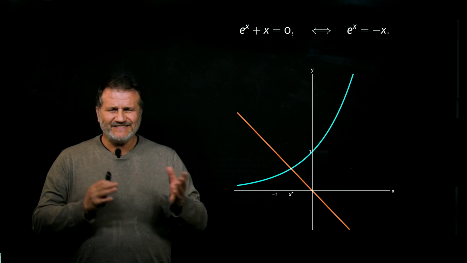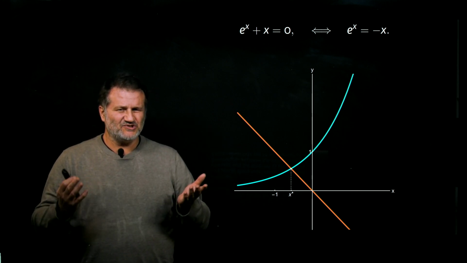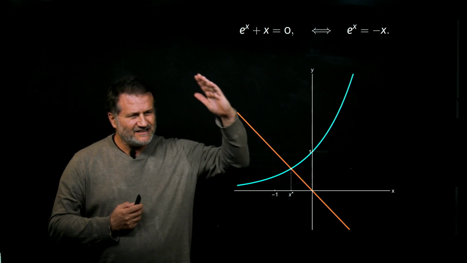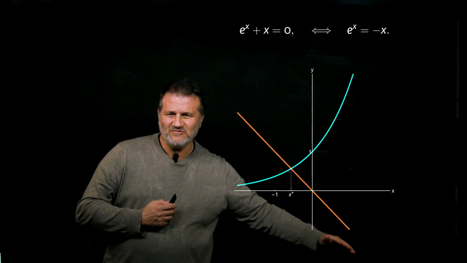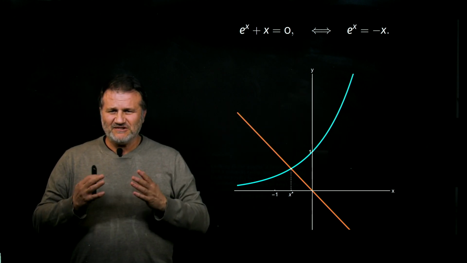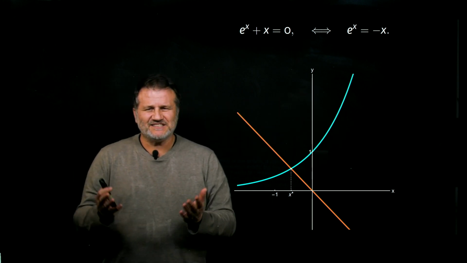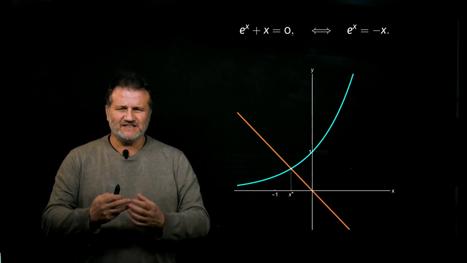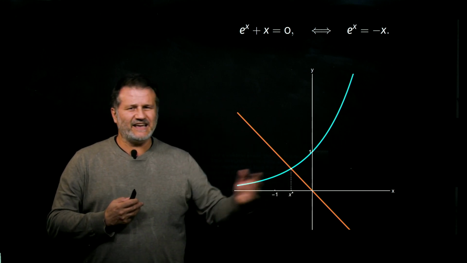However, looking at the graphs, it seems evident that a solution exists. The line descends from plus infinity to minus infinity, while the exponential rises from 0 to plus infinity. It appears clear that the two curves must intersect at some point x star, negative.